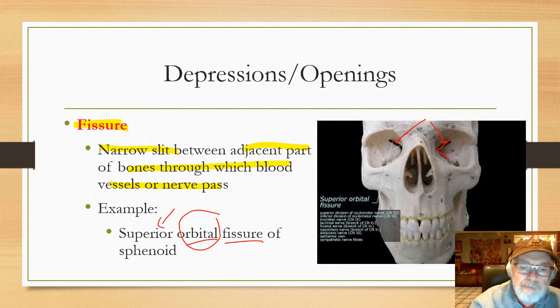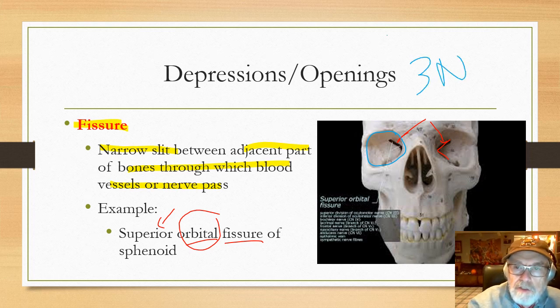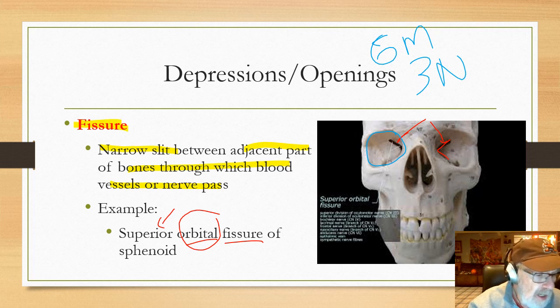If we look at the orbit, which is this area, that hole or that socket to fit the eyeball in. The eye actually has 6 muscles that move it. If you move your eyes in different directions, it has 6 muscles that do that. 6 muscles and 3 nerves that actually move the eyeball. Well, how do the nerves get to the eyeball? That's a solid bony cavity.